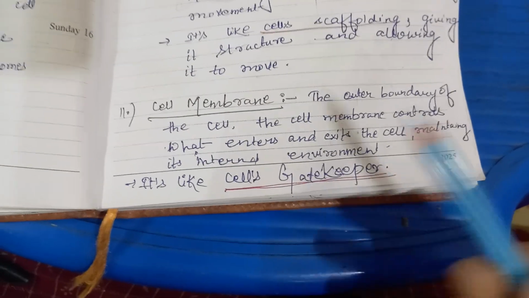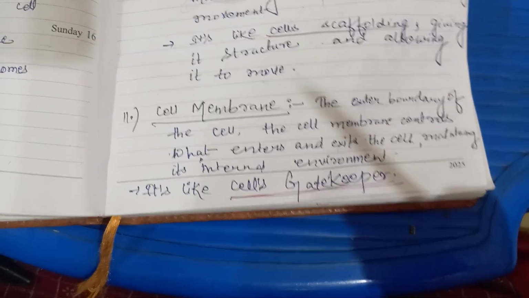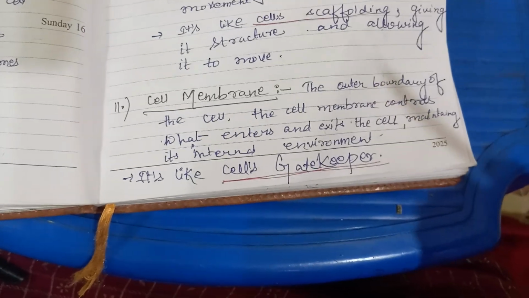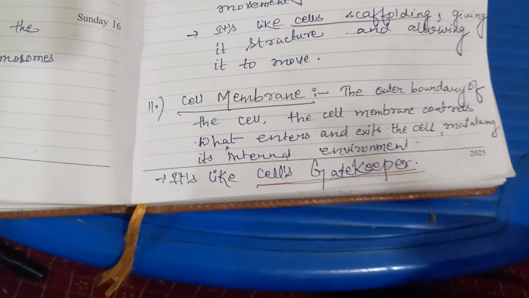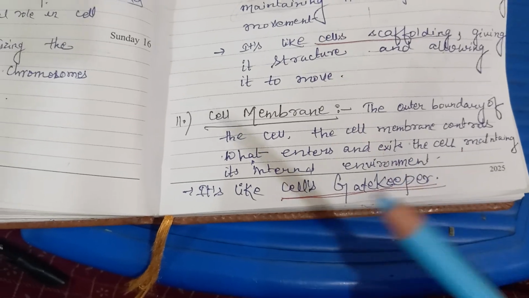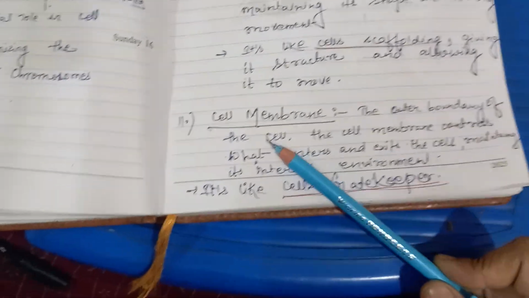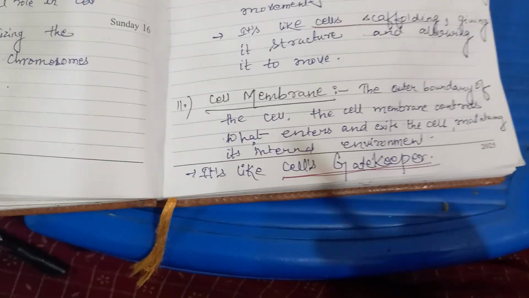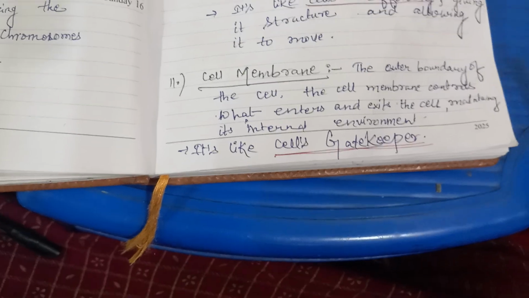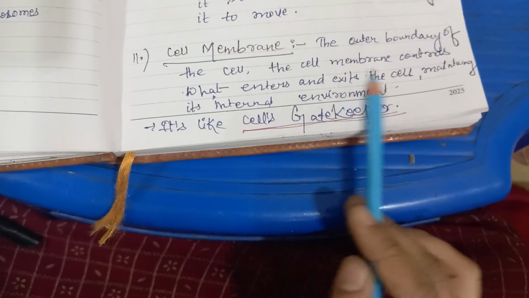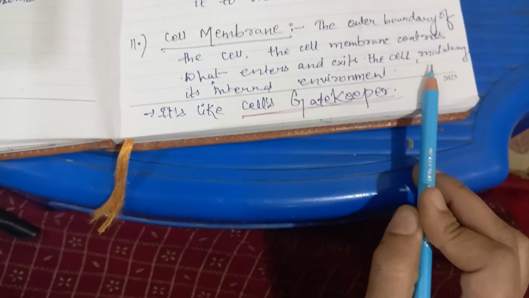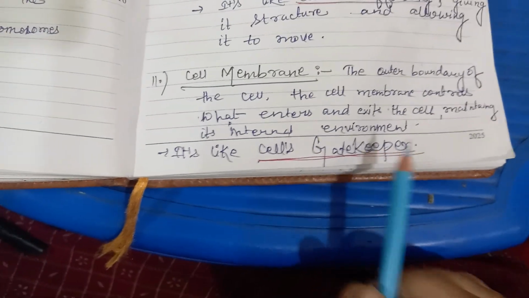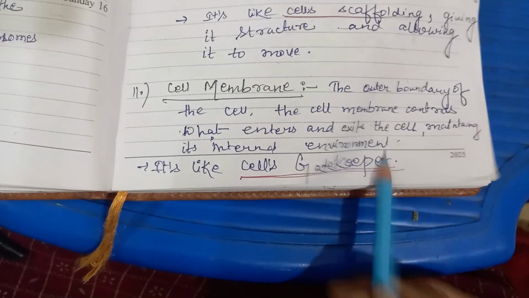It does not allow any external particles to get inside, or the internal items, organelles or waste material to get out. But we can say it controls what enters and exits the cell. It maintains the internal environment of the cell, and it is like, we can say, a cell gatekeeper.